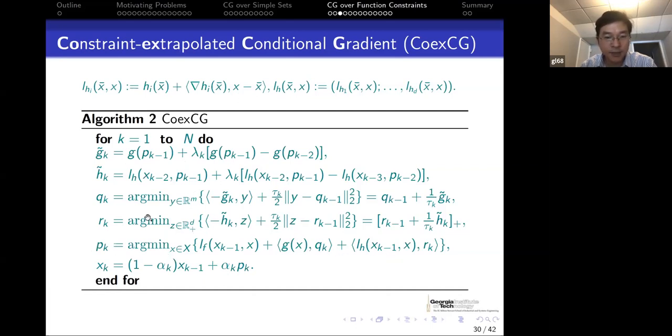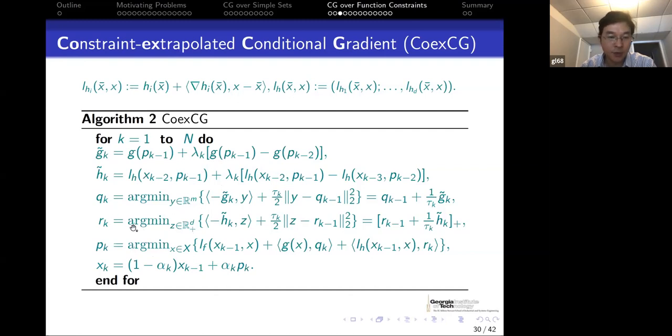Even though this algorithm looks more complicated than conditional gradient, the crucial step is to do linear optimization to define p_k. Before we define p_k, the first two steps are called constraint extrapolation. Basically, these are just vector summations, which are easy to compute.